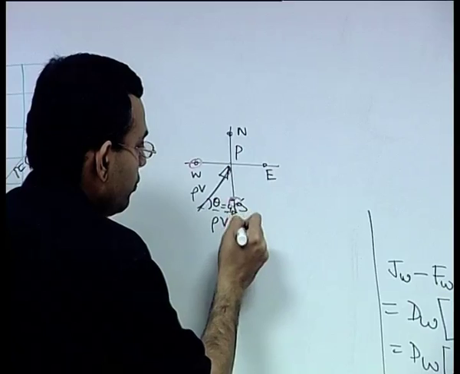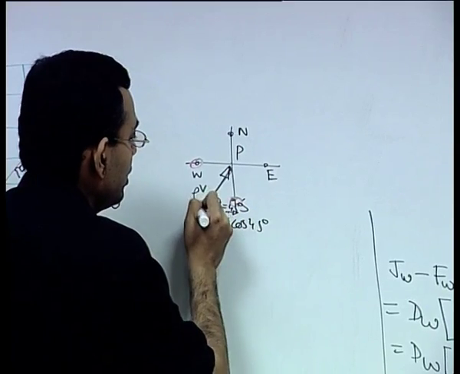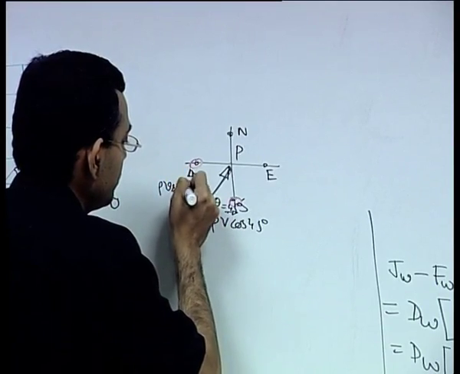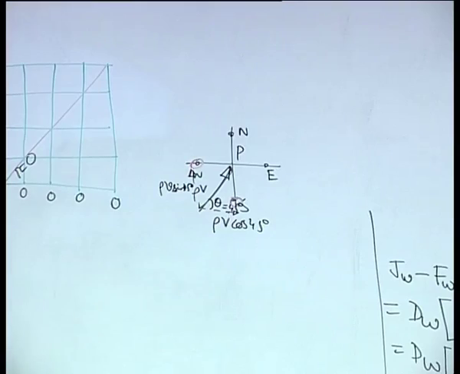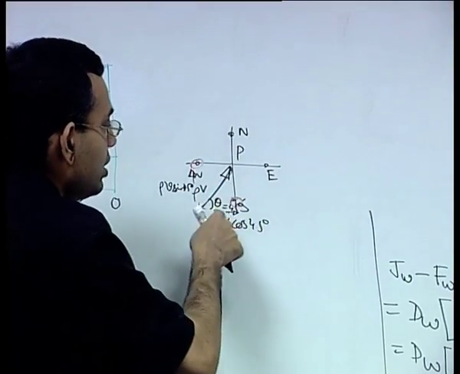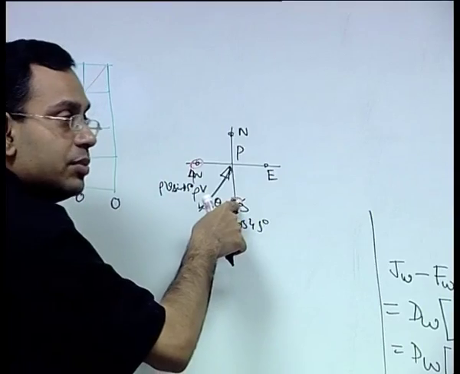So this is rho V cos 45 degree, and this is rho V sin 45 degree. With respect to this flow, this is the upstream grid point, and with respect to this flow, this is the upstream grid point.